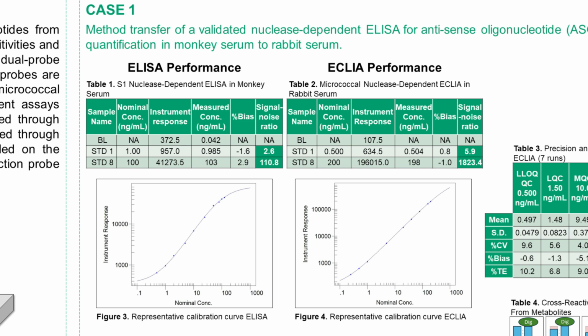Therefore, several changes were implemented to improve performance at the lower end, primarily involving switching of the S1 nuclease with micrococcal nuclease and switching the detection format to electrochemiluminescence. As represented here in Table 2, the updated method has an improved sensitivity at 0.5 nanogram per ml with a superior signal-to-noise ratio of about 6-fold.